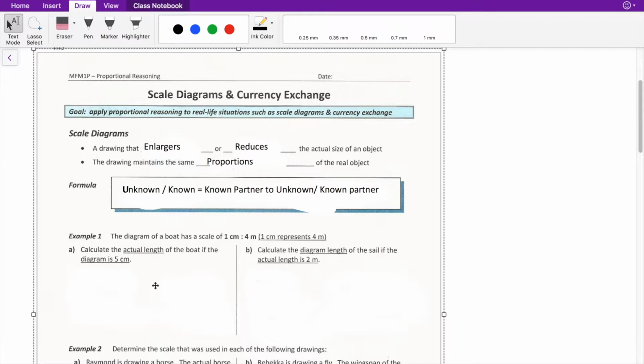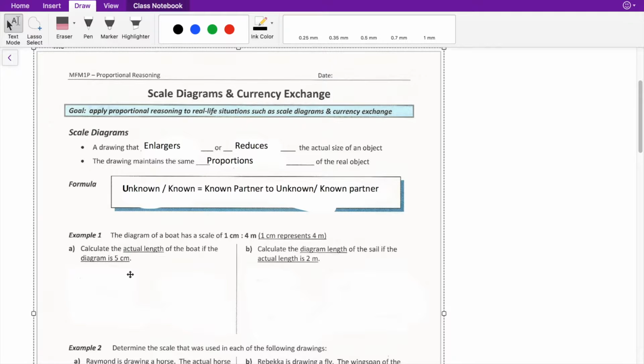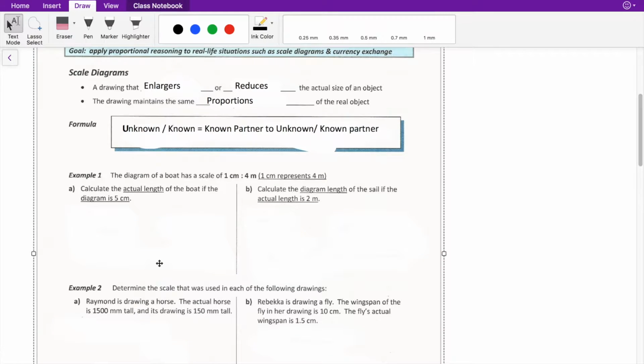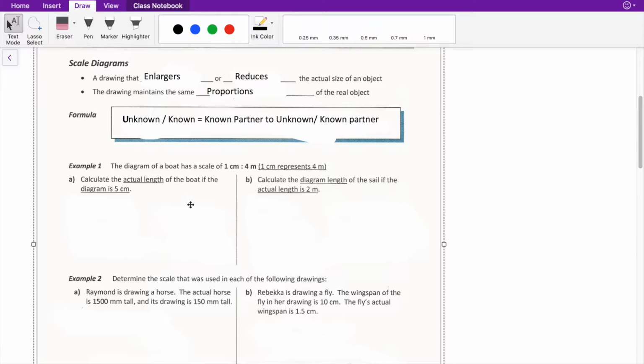So the first question says, a diagram of a boat has a scale of 1 centimeter to 4 meters. That means for every centimeter on the diagram, the actual size is 4 meters.